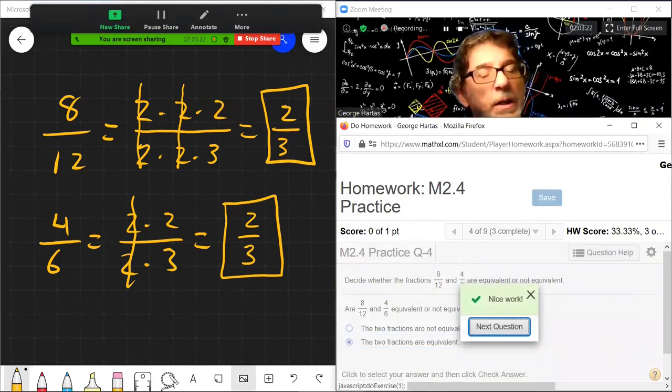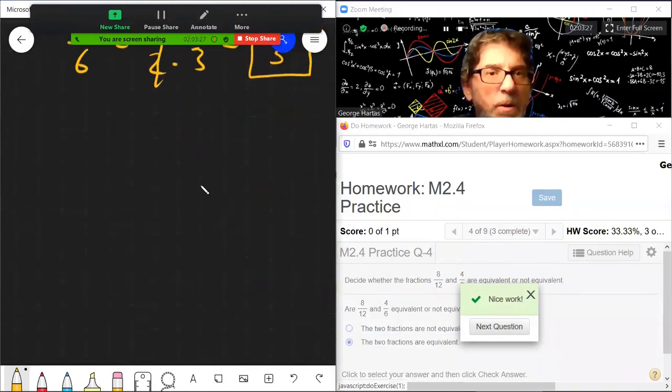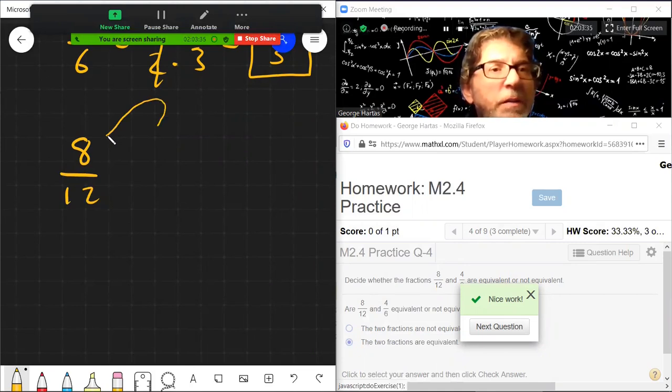All right, so there they are. And again, let me use the other technique here and show you. 8/12. What's the biggest number that divides into both? 2 goes into both. It's not the biggest number. 4 goes into both, which is the biggest number, right? 8 wouldn't help us here because 8 does divide into 8, but 8 does not divide into 12 evenly.